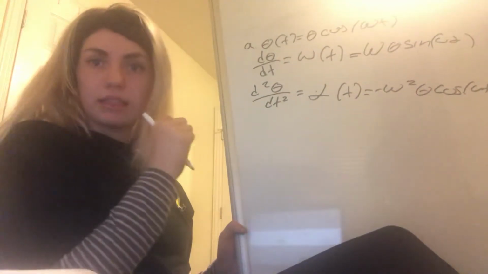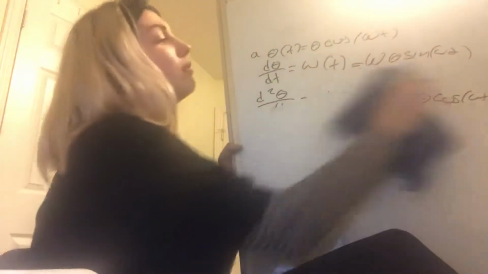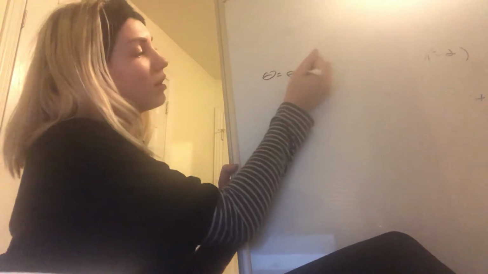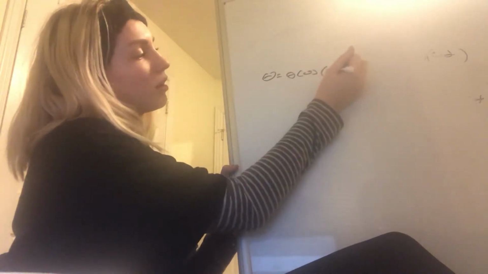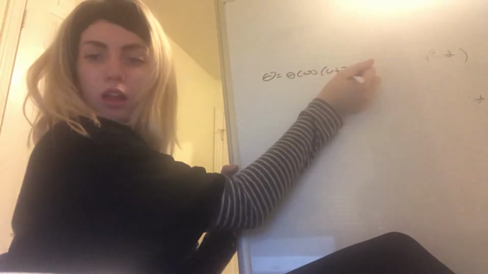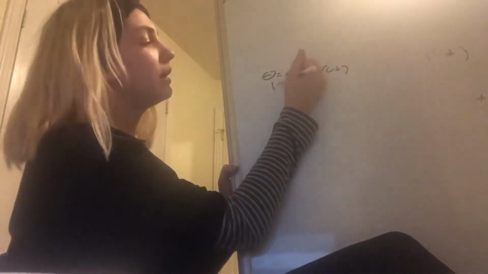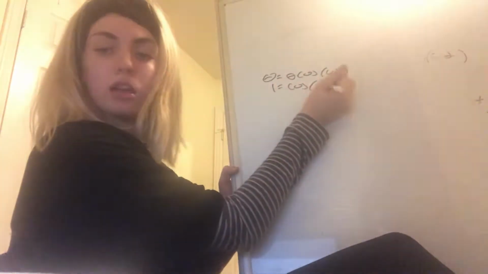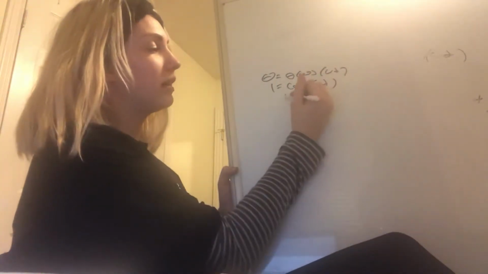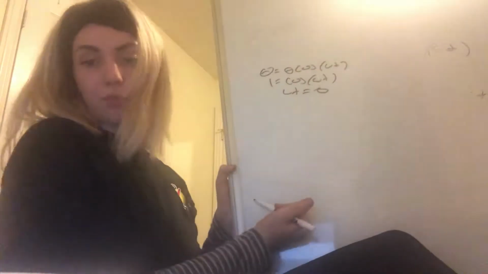And then, let's see, for B, let me erase all of this. So for B, I have that theta equals theta cosine omega t. And then 1 equals cosine omega t, and then omega t equals 0.